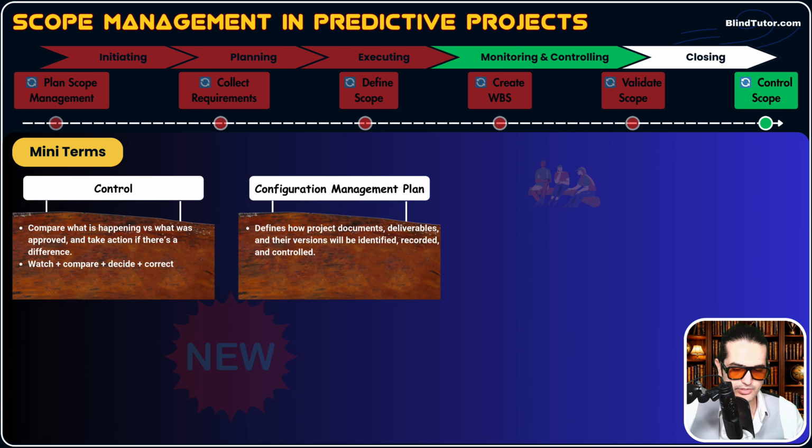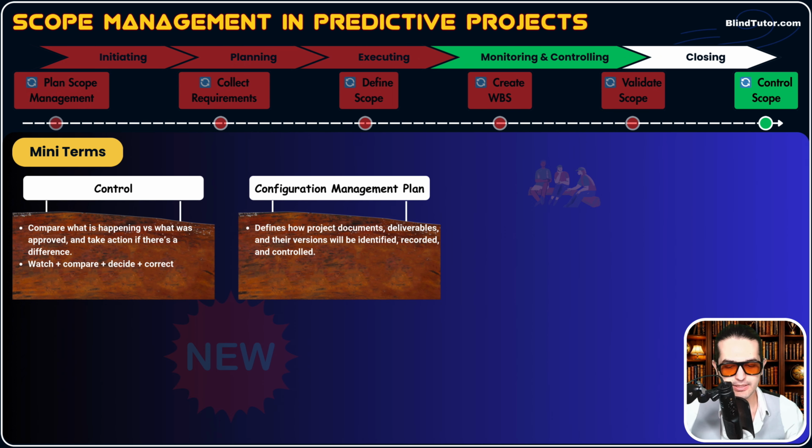Awesome. The next term is configuration management plan. It's a how-to guide when we're dealing with different versions of documents and deliverables. Some documents or deliverables throughout the project will get updated. Okay, so we're gonna have different versions of a deliverable, for example, or different versions of different documents.